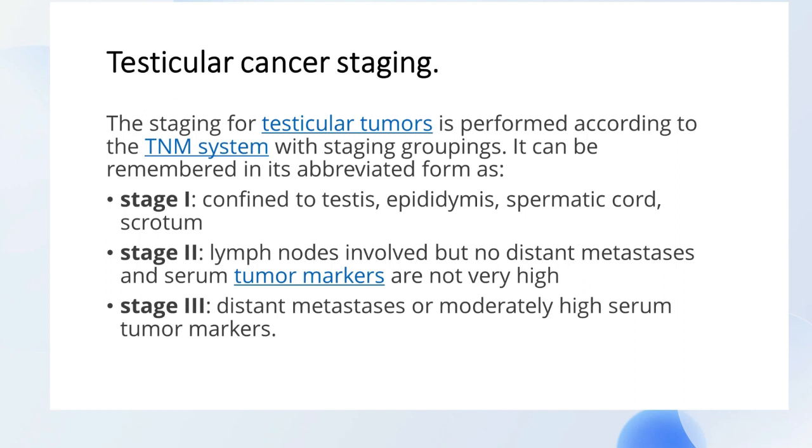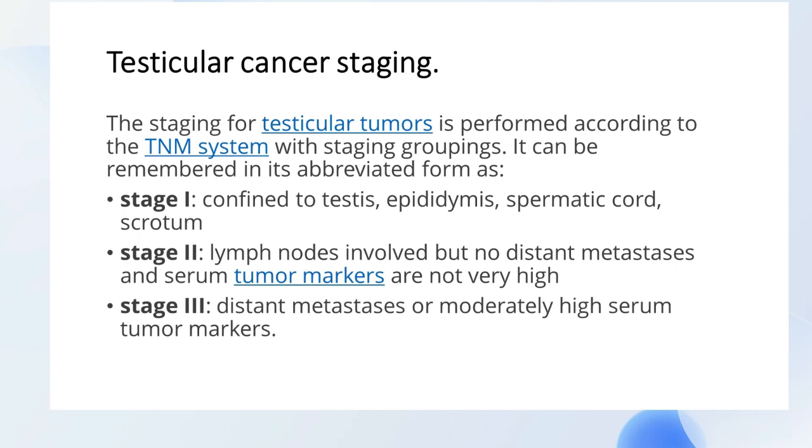So for now, I would want you to stick to the tradition of suspecting a testicular cancer without giving this classification, which is not yet standardized, because the referring clinician will be confused about what you're talking about when you talk about the TNM grading system of testicular cancer.